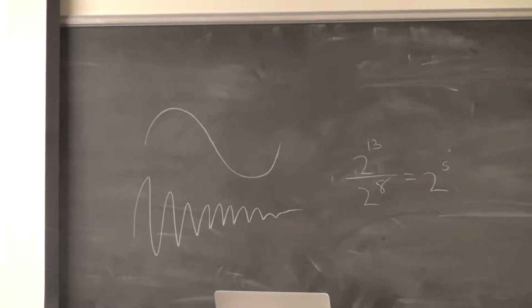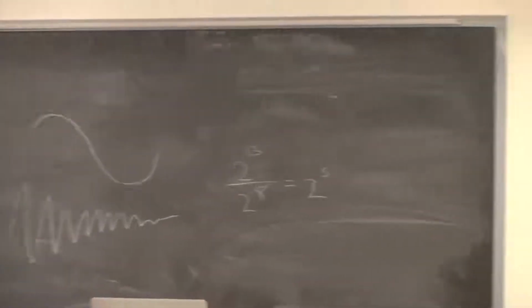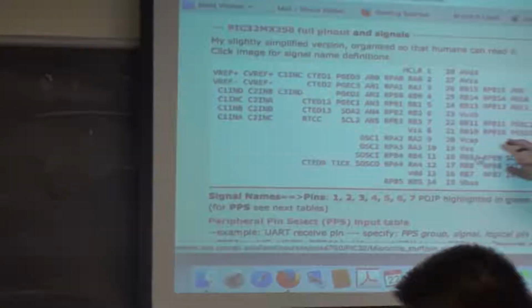So AN9 is RB15. I wrote code for AN11, which happens to be RB13, which is not used by any of the peripherals. They're scattered all over.